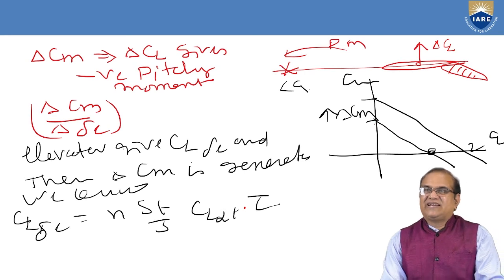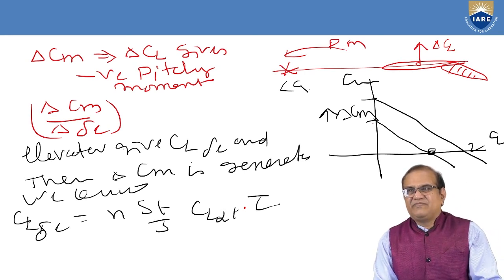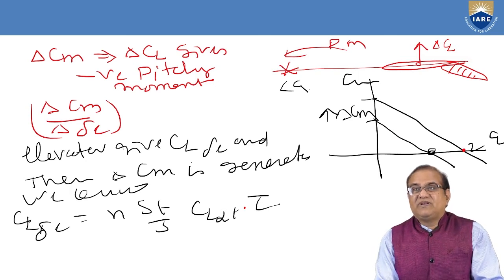If you see here, this is the Cm initially, and if you deflect the elevator it will come to point 2. This lift will be increased, and this much is delta Cm.